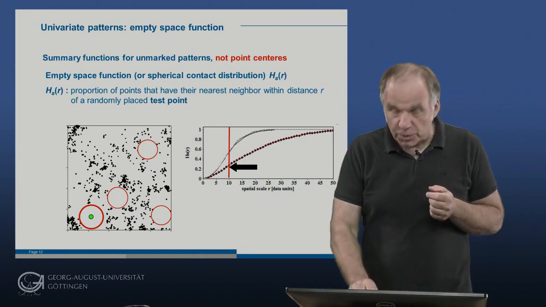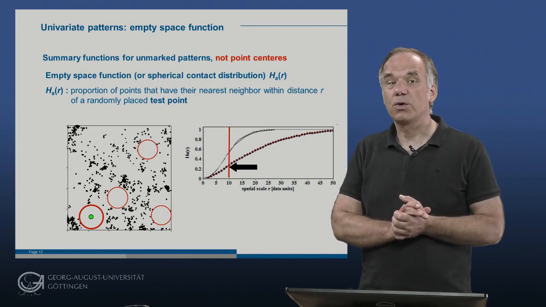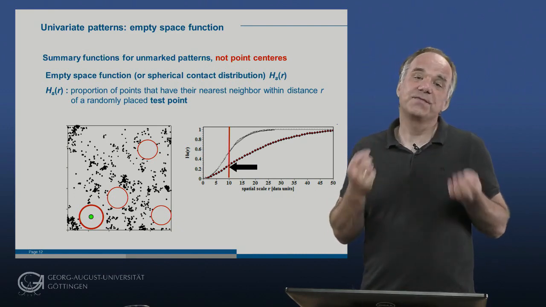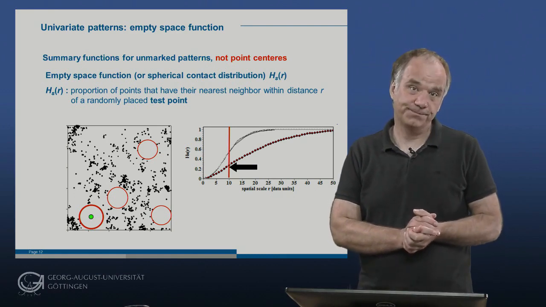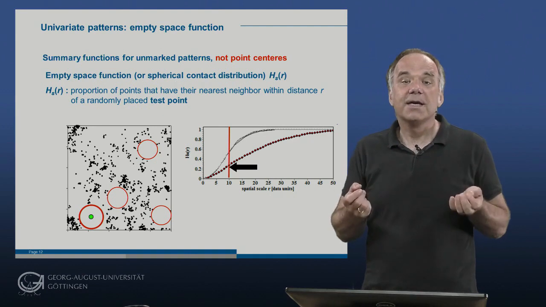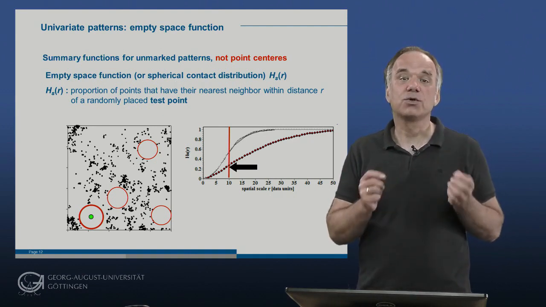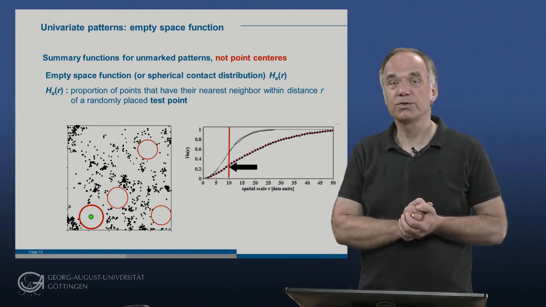Again, I also plotted a gray line that shows the empty space function for the corresponding random pattern. We see that about 50% of all random points have their nearest neighbor within 10 meters. The aggregated pattern therefore has larger gaps than the corresponding random pattern because the points are placed closer to each other.